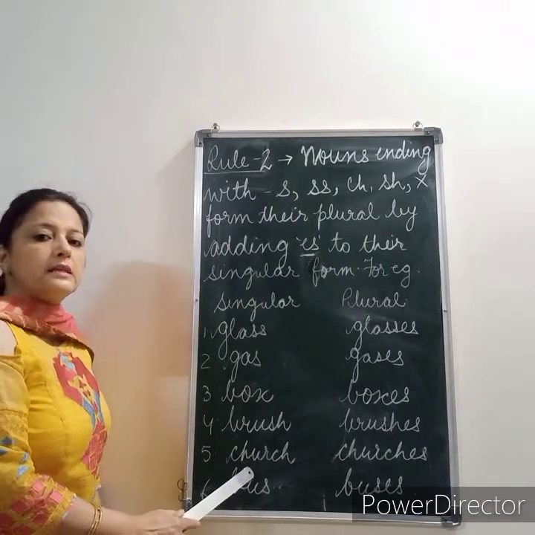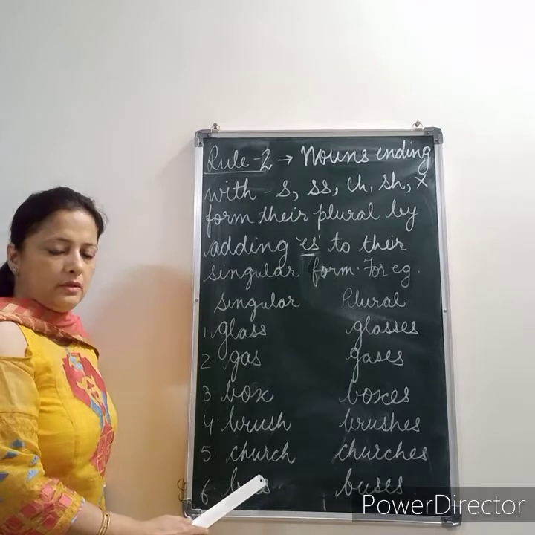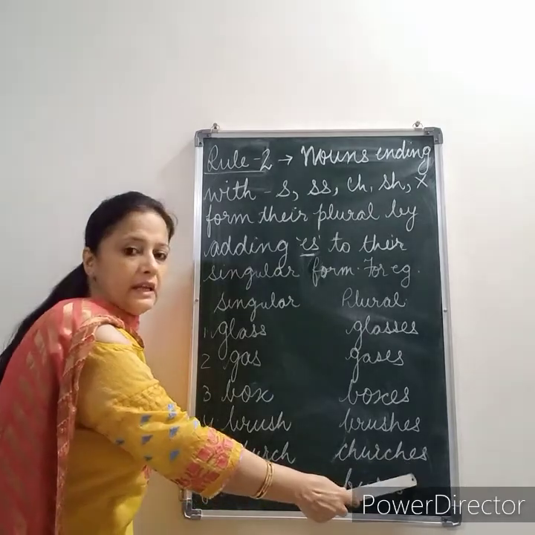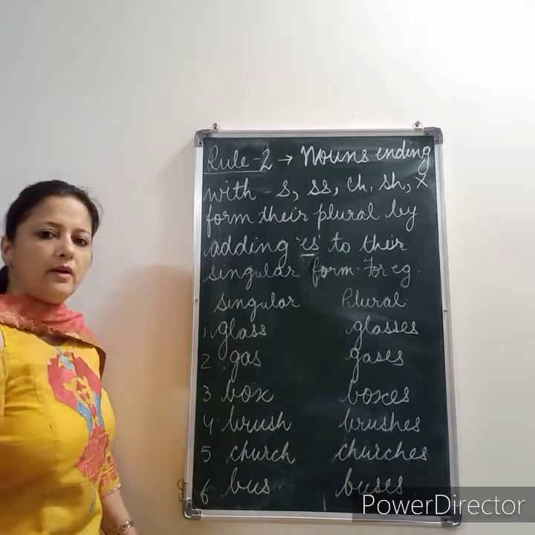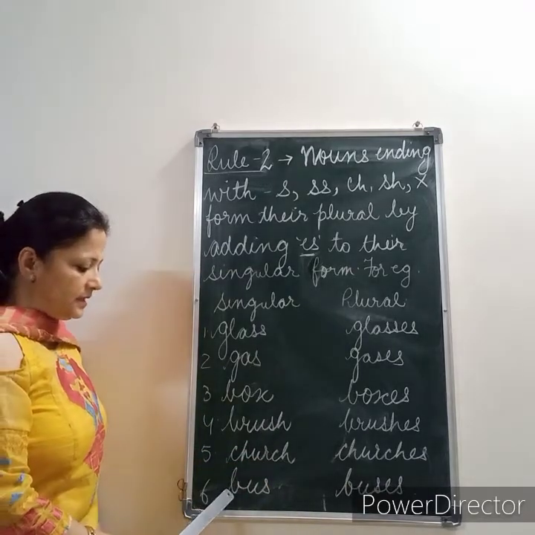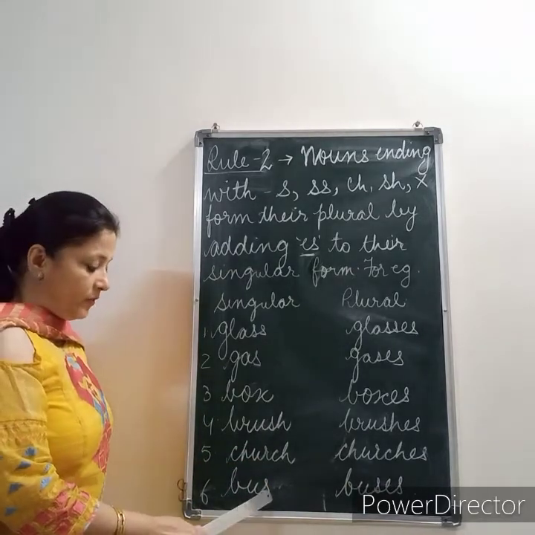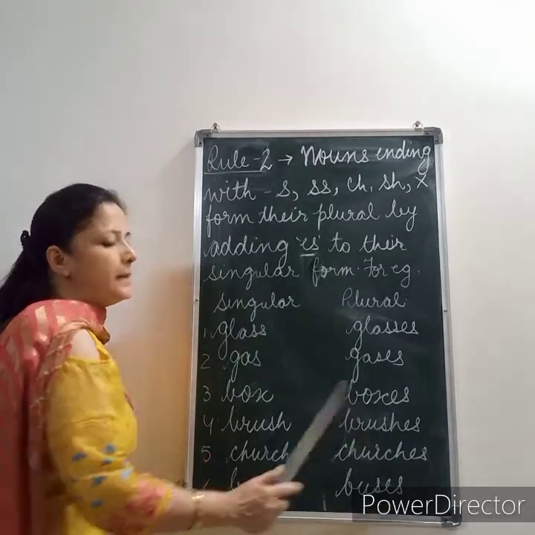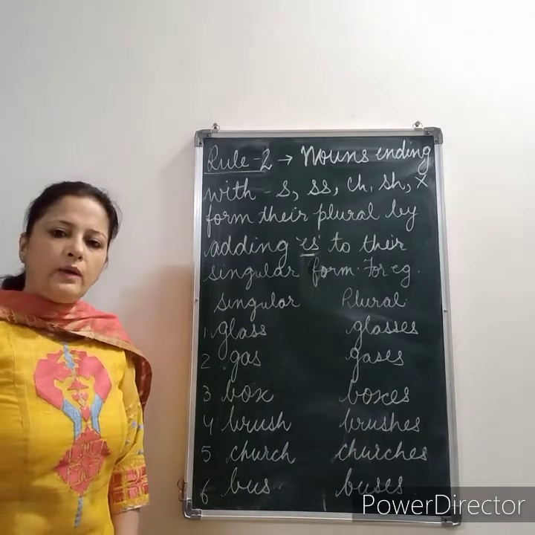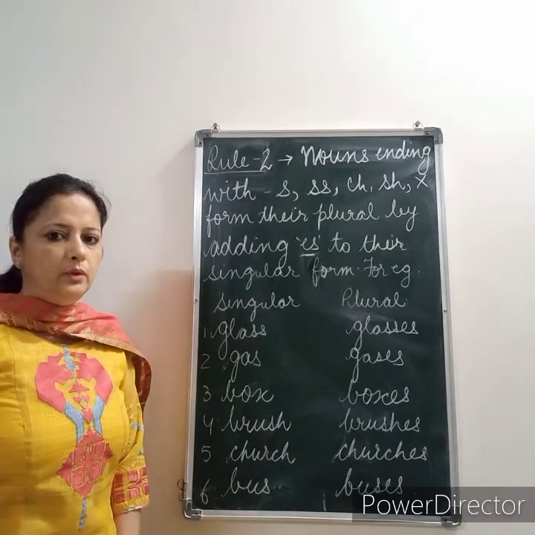This word is ending with ch. So if we add es to it, it becomes churches, which is the plural form. Next is bus, which is ending with a single s, and it has become buses. I hope children this is clear to all of you.